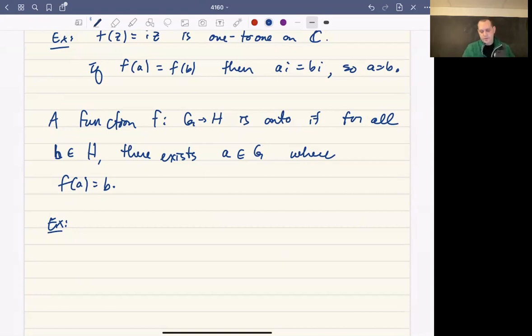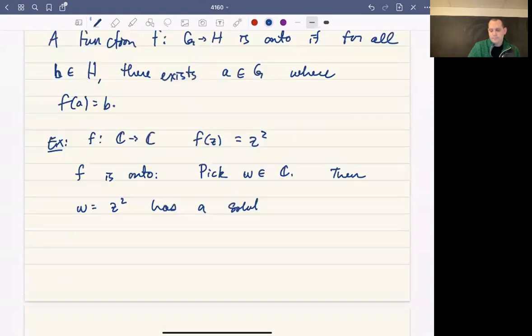So pick some arbitrary value in the codomain, say w in C. Then we've already seen that w equals z squared has a solution z. So in other words, every value in the codomain is the image of some value in the domain. Okay, and those functions are called onto.